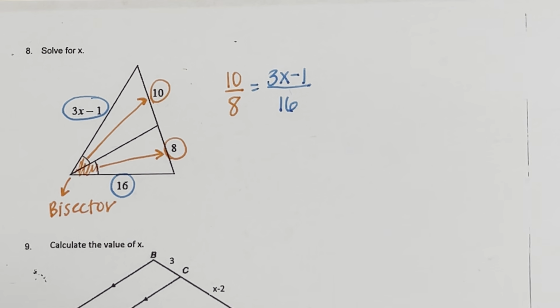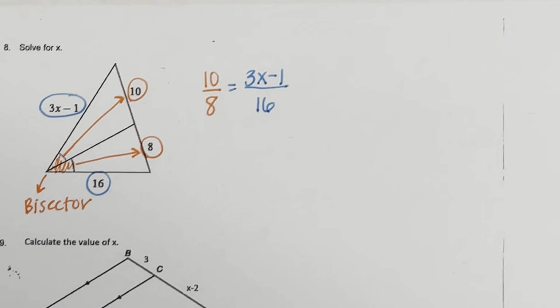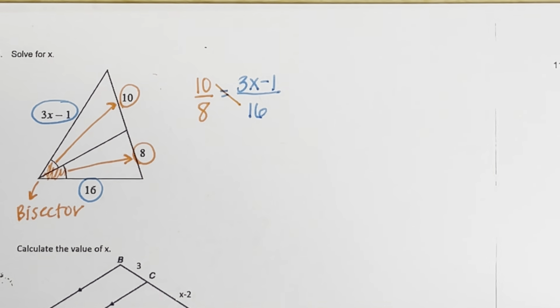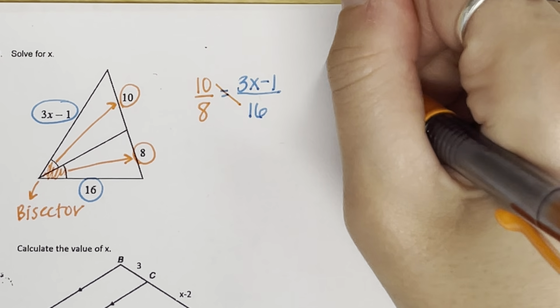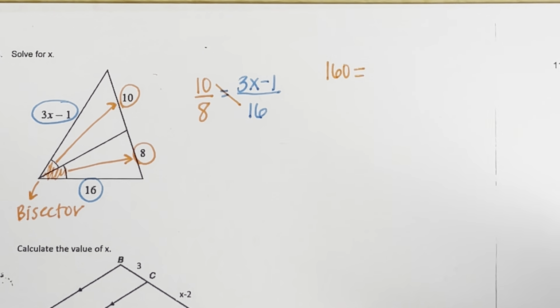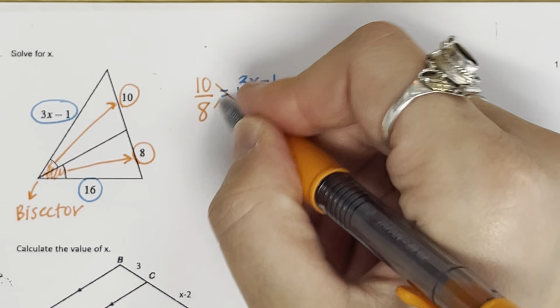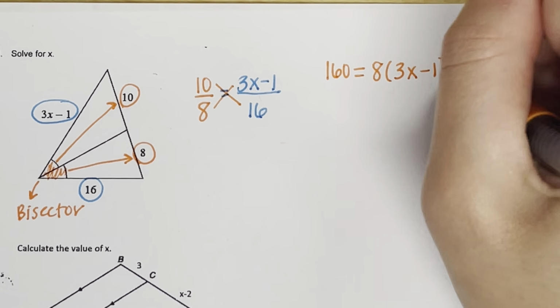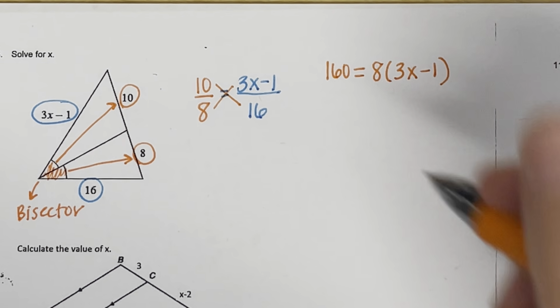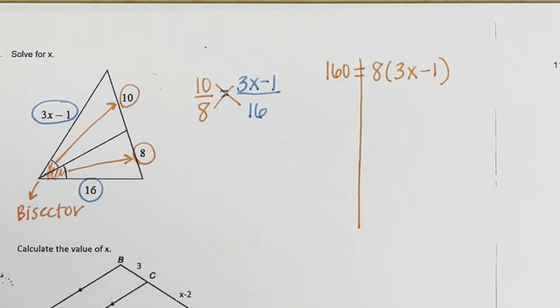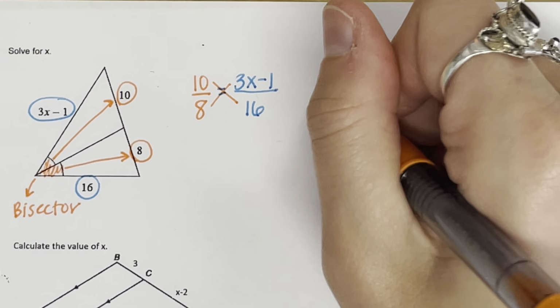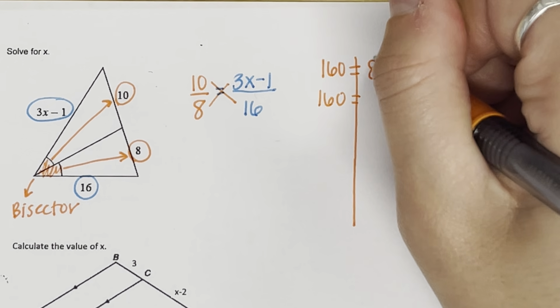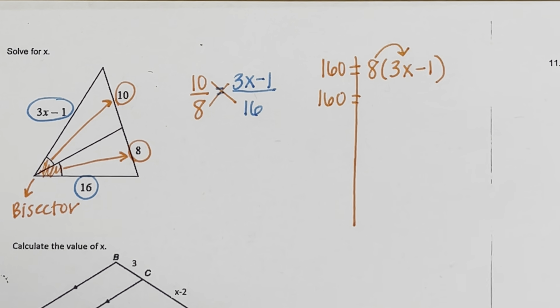So from here, I'm going to do some cross multiplication. 10 times 16 gives me 160. And I set that equal to the other two sides, which is 8 times the whole 3x minus 1. So I'm going to have to do just a little bit of distribution here. I take this 8 and I give it away to everything inside of the parentheses.